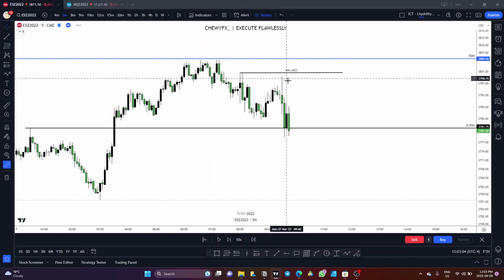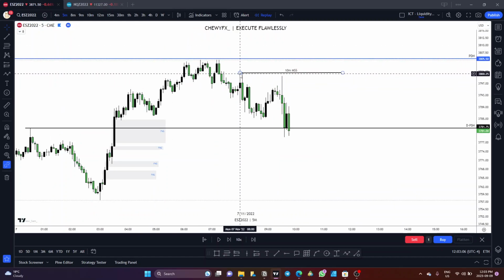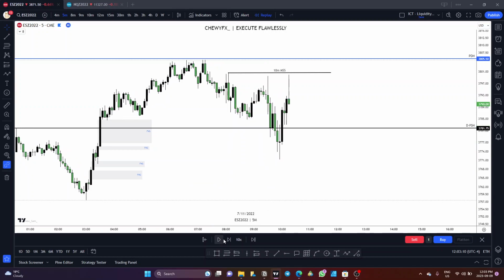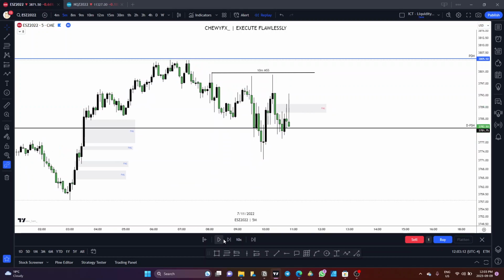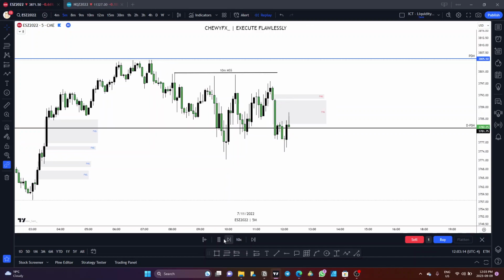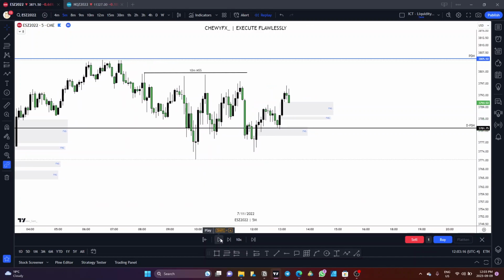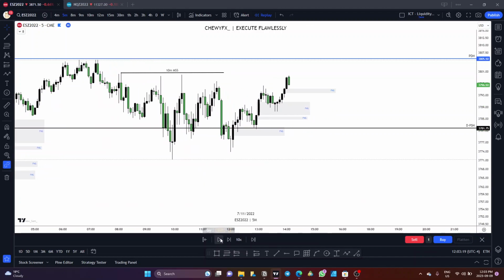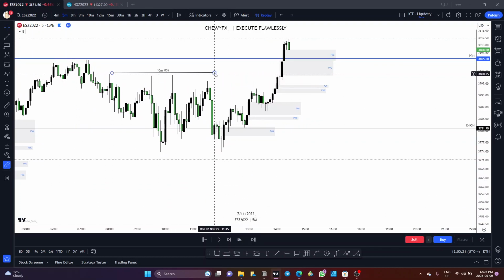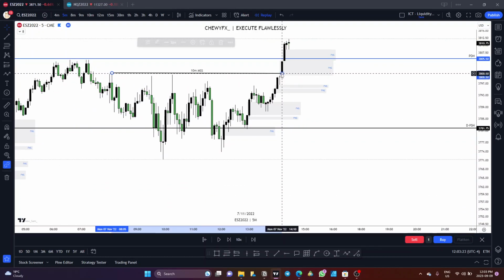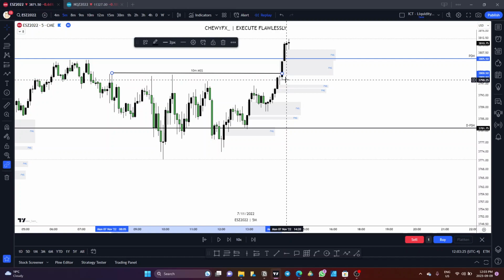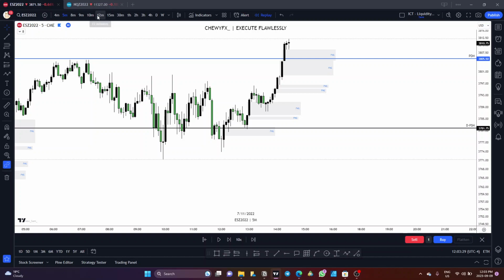So now we want to go on to the 5-minute time frame, and then we see if we have some sort of a break of structure. Okay, so we did end up having that break of structure. However, we ended up just sweeping the daily liquidity anyways, which is honestly no problem whatsoever.